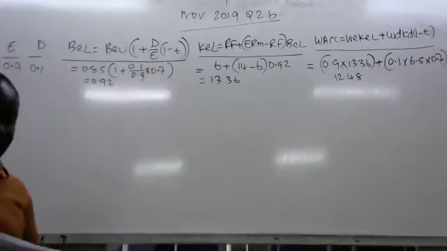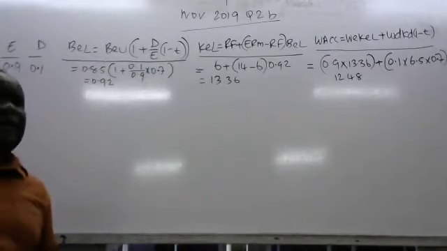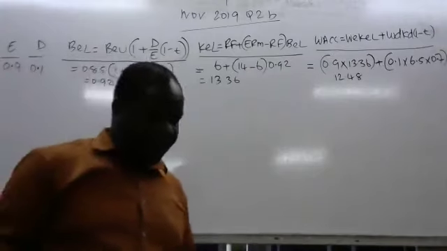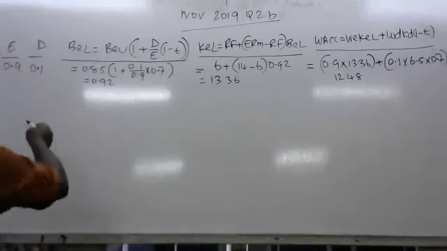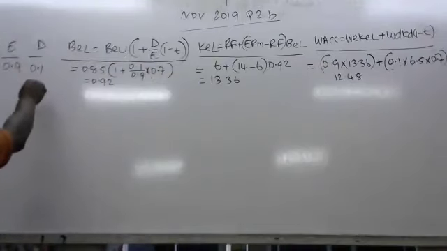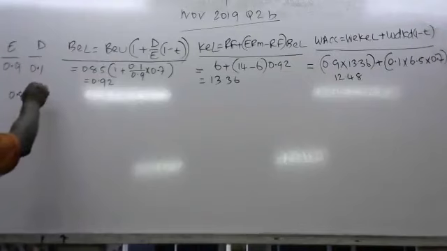So we go to the second one. The second one, they have given us the percentage for the debt as 20%. So when the debt is 20%, that's the same as 0.2. It means equity must be 0.8, like that. So when the debt is 20%, equity must be 80%.